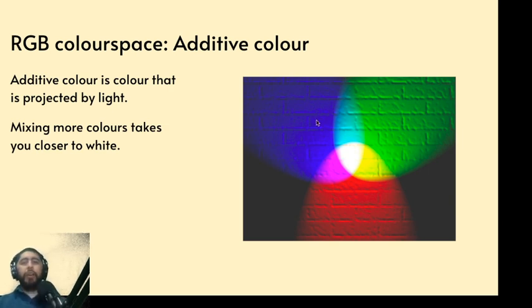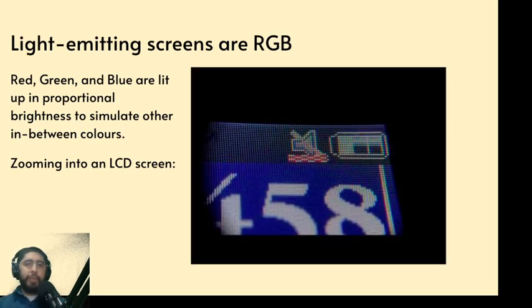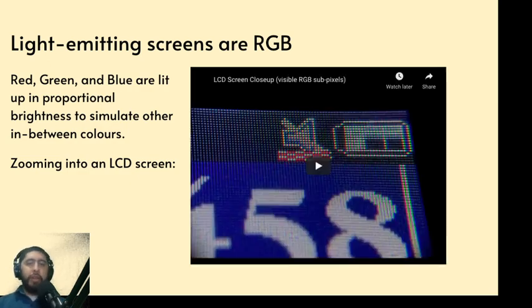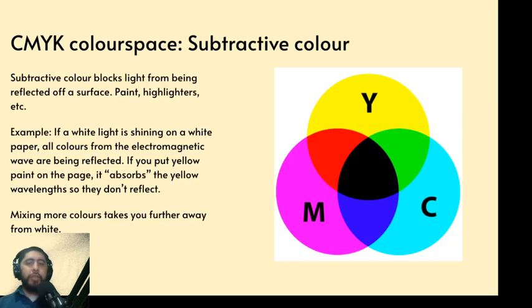Okay, so this is present in projectors, our monitors, phones, RGB color space. Think about vibrancy and brightness. This is a really cool video. You'll have to look at it on your own.